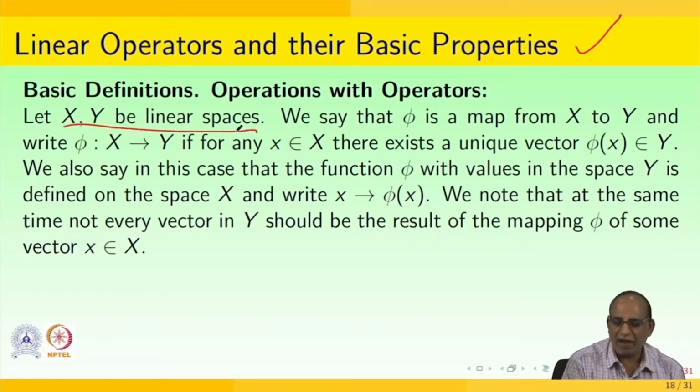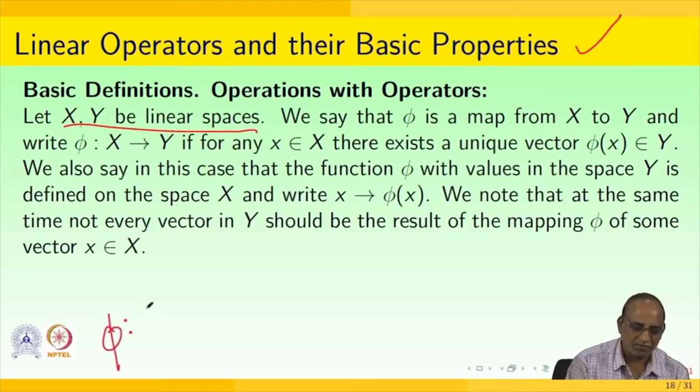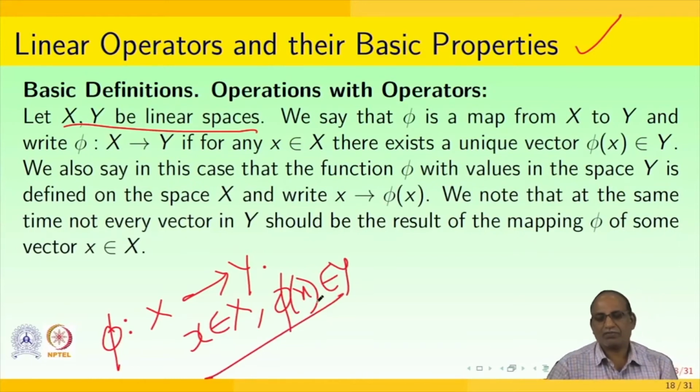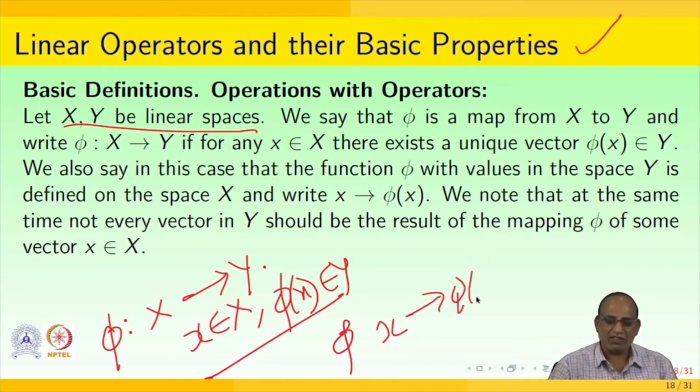We say that phi is a map from X to Y. For any x belongs to capital X, there exists a unique vector phi of x belongs to capital Y. We also say in this case that the function phi with values in the space Y is defined on the space X, and we write x approaches phi of x.